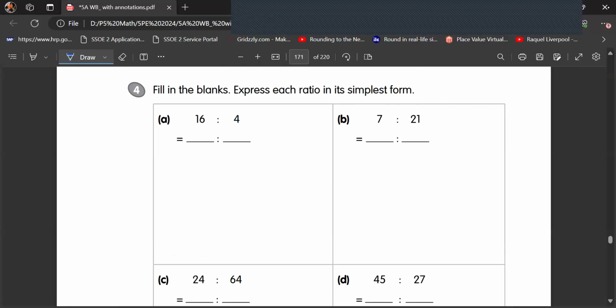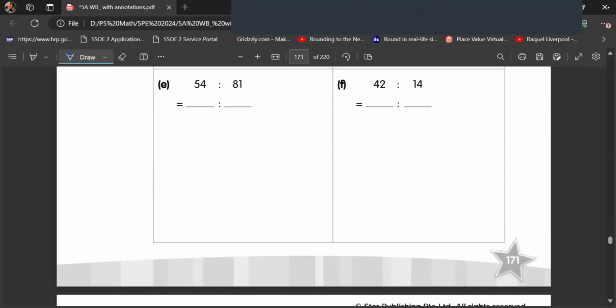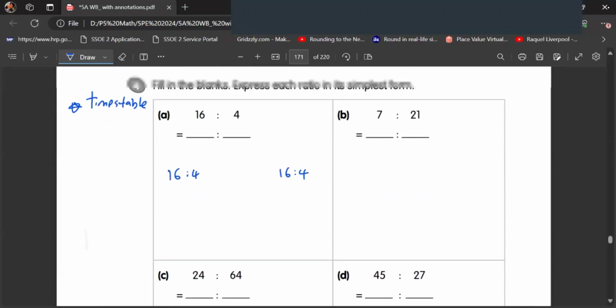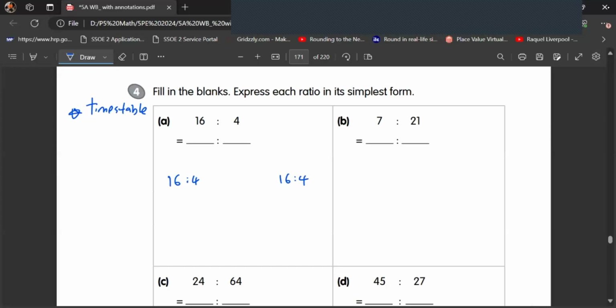By using the idea of equivalent fractions, and the most important thing, how good my times table is, I'm able to solve this. So if let's say my times table is not so good, I skip to page 171. If my times table is not so good, I will realize that I may take more than one step.